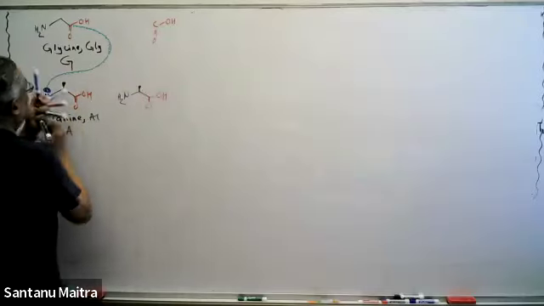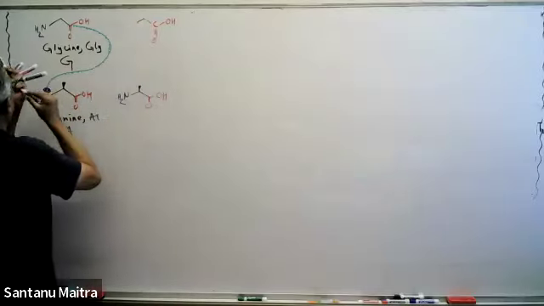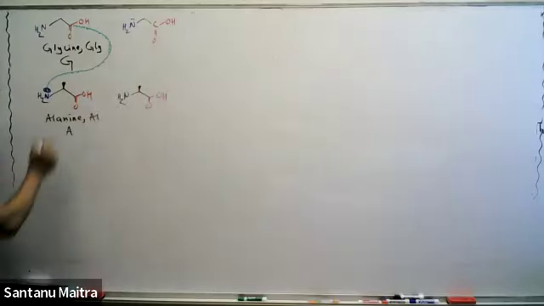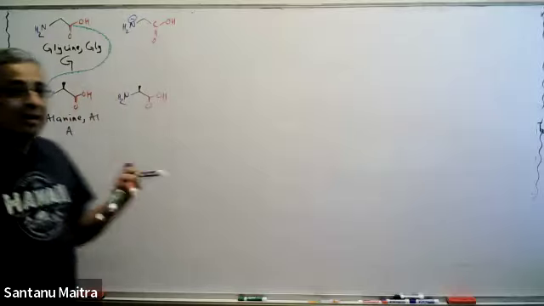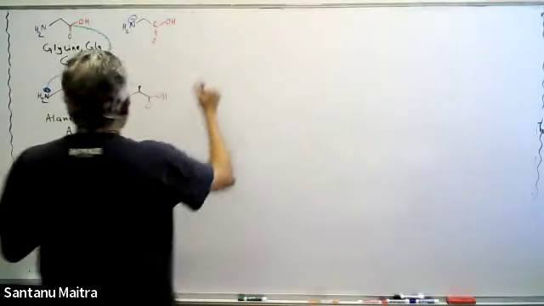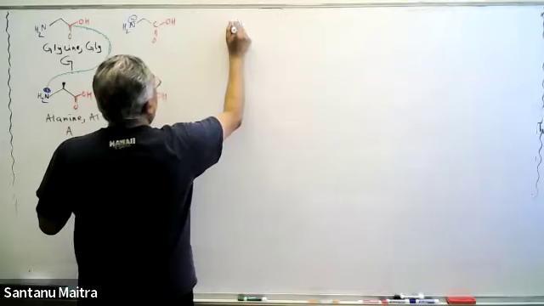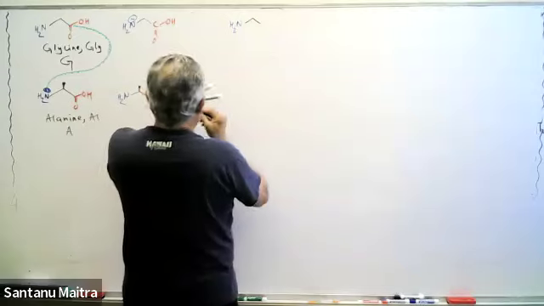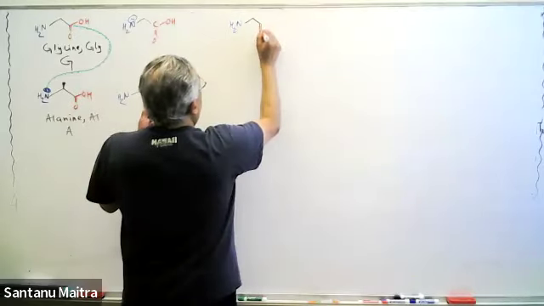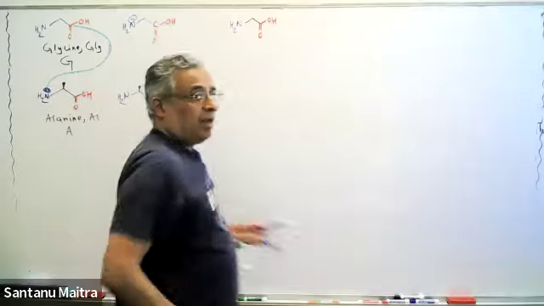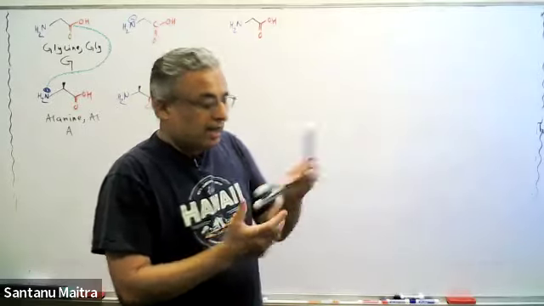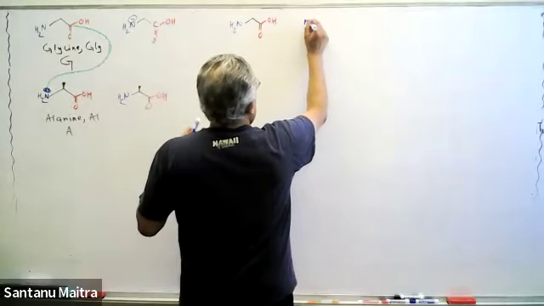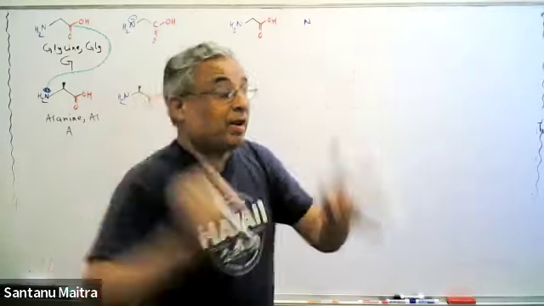So what's the guarantee? What's the guarantee that if you take glycine and alanine, and if you cook it with, you'll make a library of dipeptides.